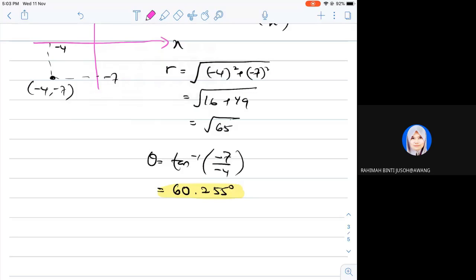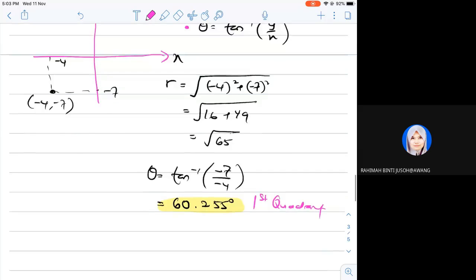Where is the position of 60.255? 60 should be first quadrant, right? Okay, good, first quadrant.